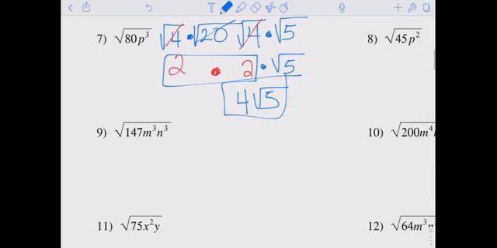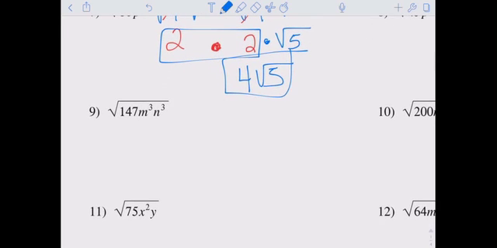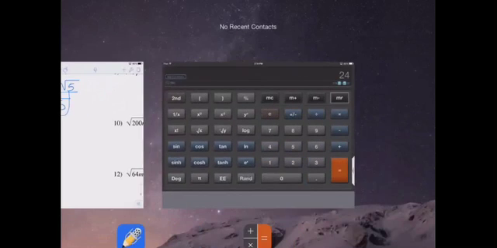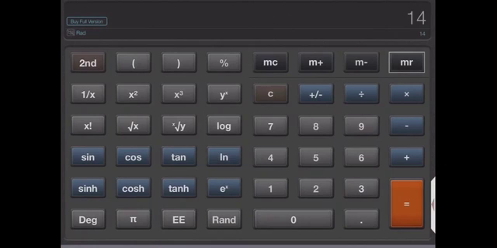Okay, number 9, 147. Okay, 147 can be divided by 3 for sure, because it adds up to 12, and 12 can be divided by 3. I know that 3 is not a perfect square, but I'm going to check and see anyways. 147 divided by 3 gives the number 49.